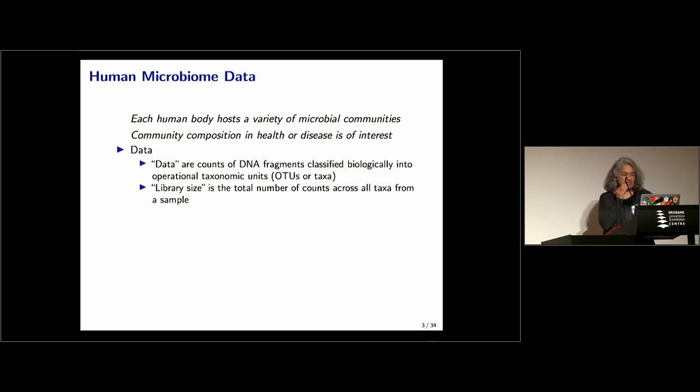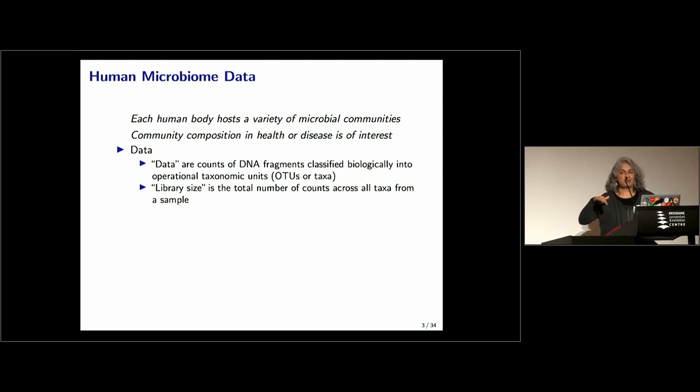So the question really is, what are the data? As data people, what we have, the data are really counts of DNA fragments. They're classified biologically, depending on, just as the last speaker was saying, at which level these have been classified.